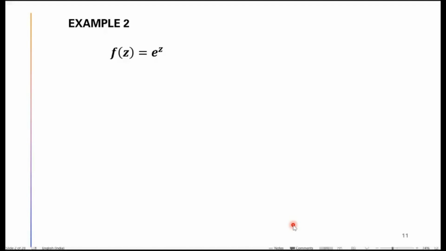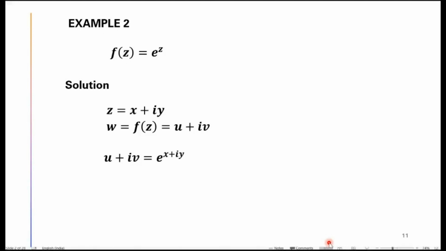Just try doing this problem so that you will be able to understand. सेम प्रोसीजर. तो z is x plus iy, w is u plus iv. तो क्या आंसर आएगा? u plus iv is equal to e raised to x plus iy. करेक्ट.